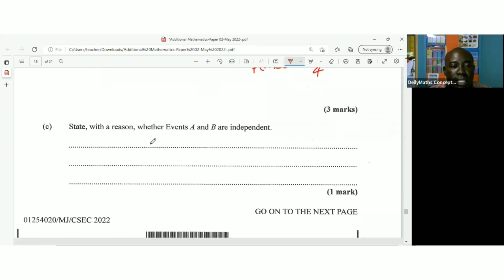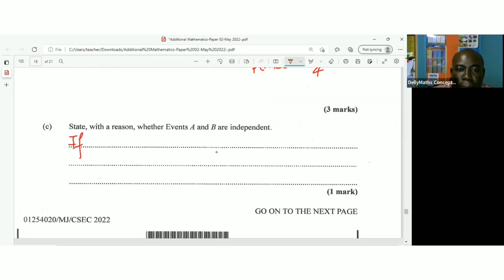The question says, state a reason whether events A and B are independent. Well, I could drop a mathematical statement here. I'm just going to have a quick disclaimer.